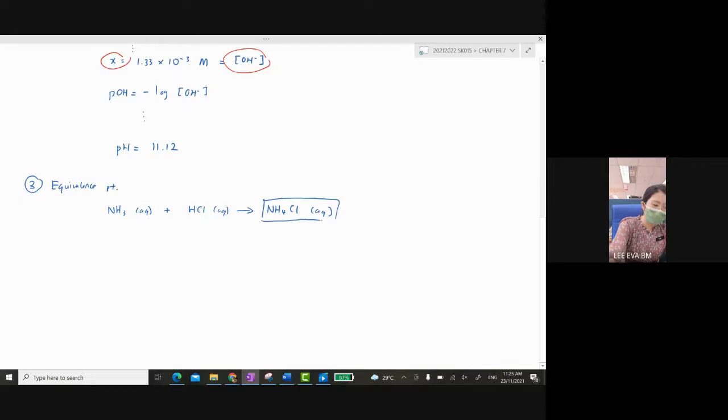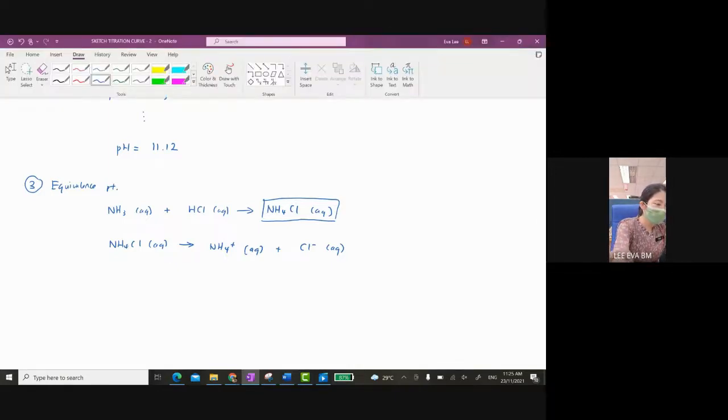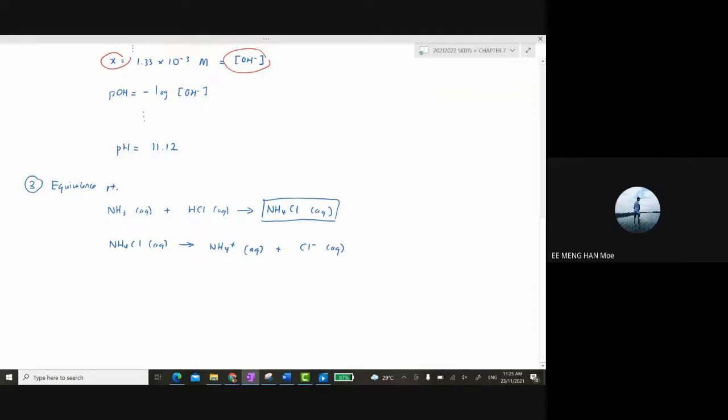Then we want to do the dissociation of the salt. NH4Cl dissociates completely to give you NH4 plus and Cl minus. Which of the ions produced here will undergo hydrolysis? NH4 plus. Cl minus does not hydrolyze as it is produced from the strong acid.